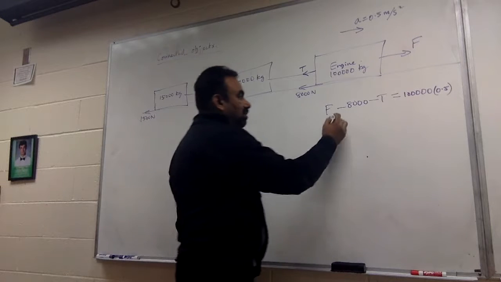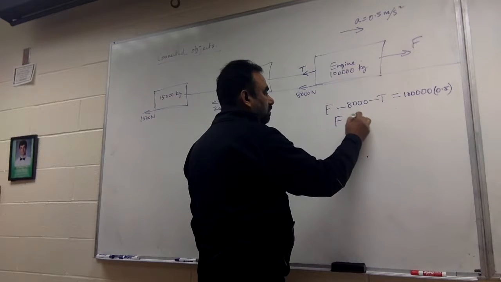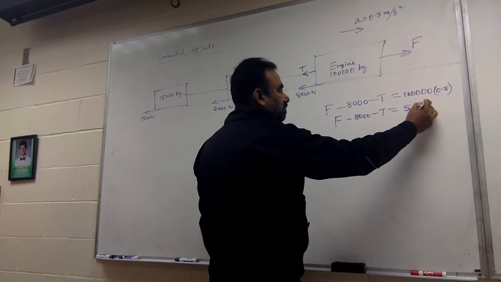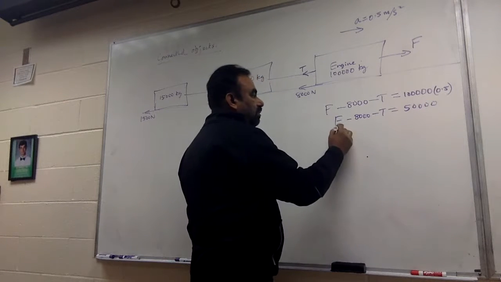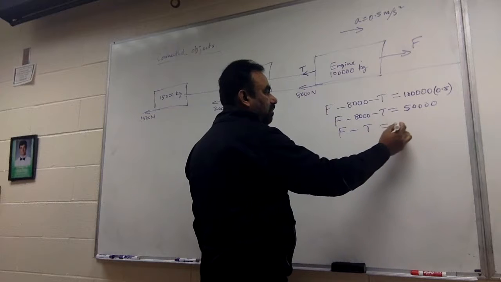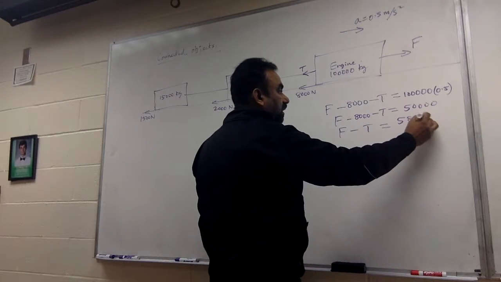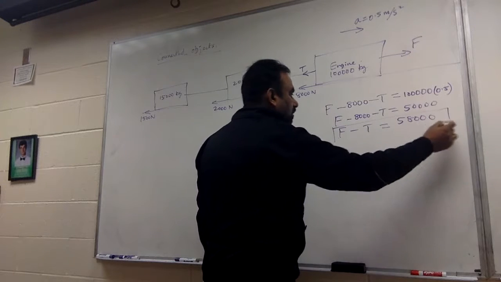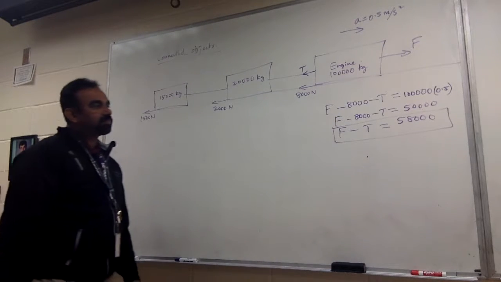So your equation develops into F minus 8,000 minus T is equal to 50,000. So F minus T is equal to 58,000. So that's an equation we have come up to right now.